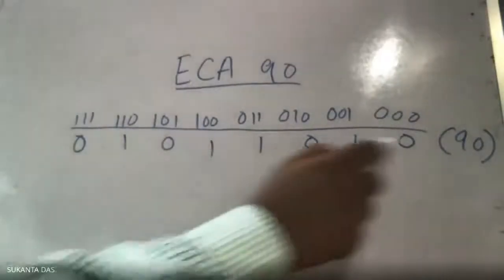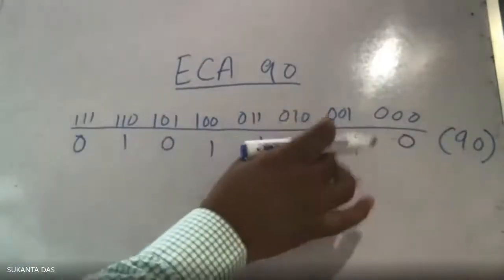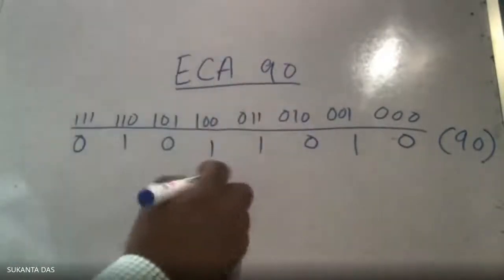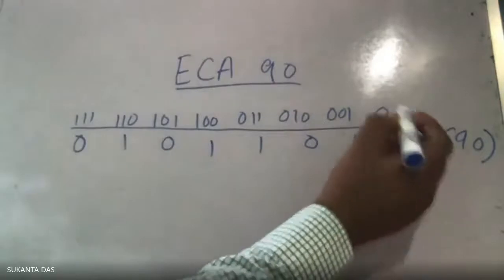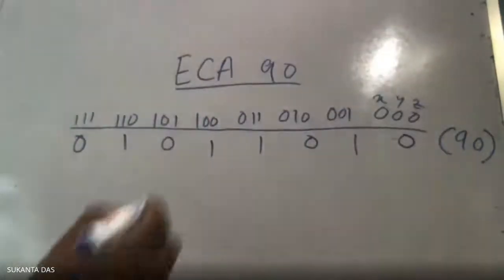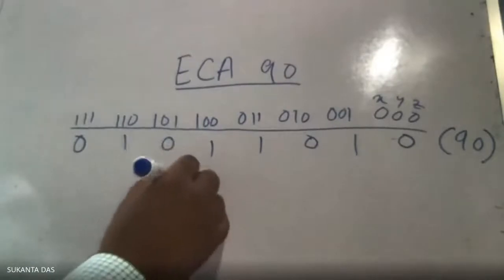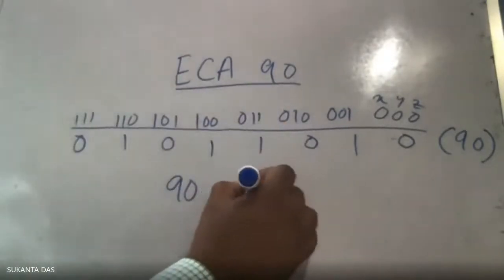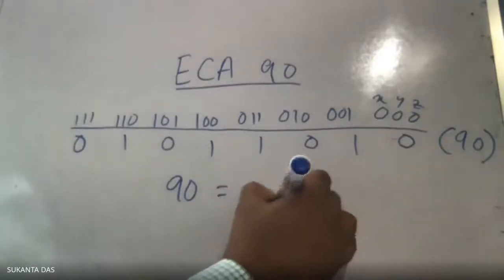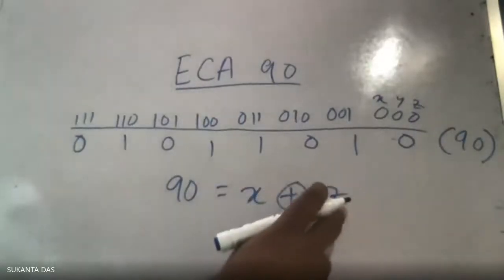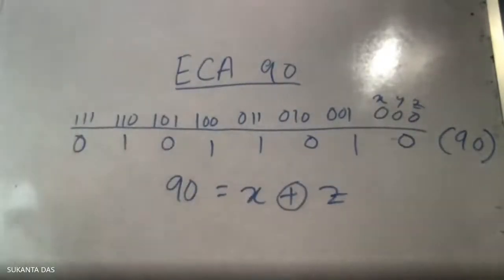Considering x, y, z, rule 90 is actually x or z, actually it is x plus z mod 2.